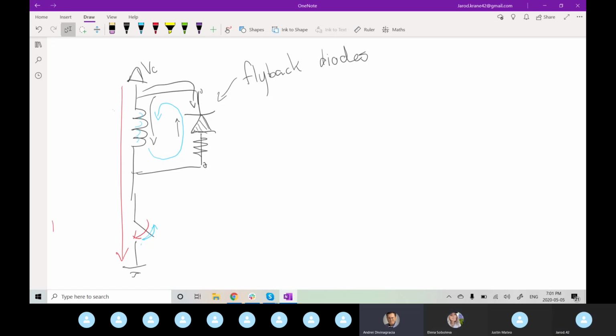Wait, did you actually define what a snubber is? So a snubber in its actual sense, I wouldn't say a device. It's a circuit, or a portion of a circuit, really, used to de-energize an inductive load.